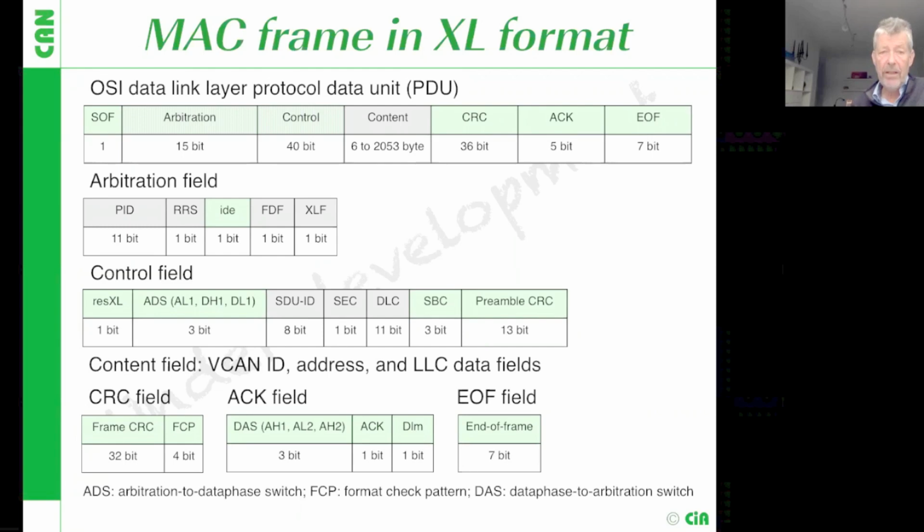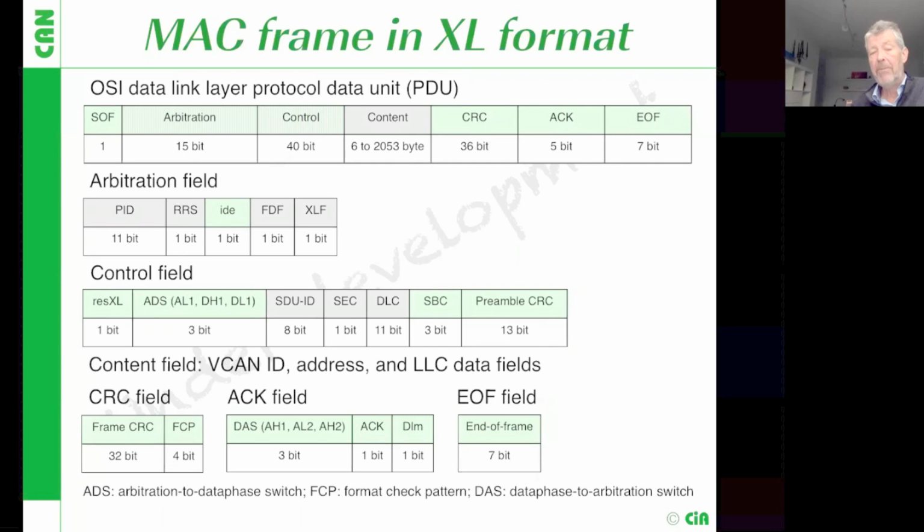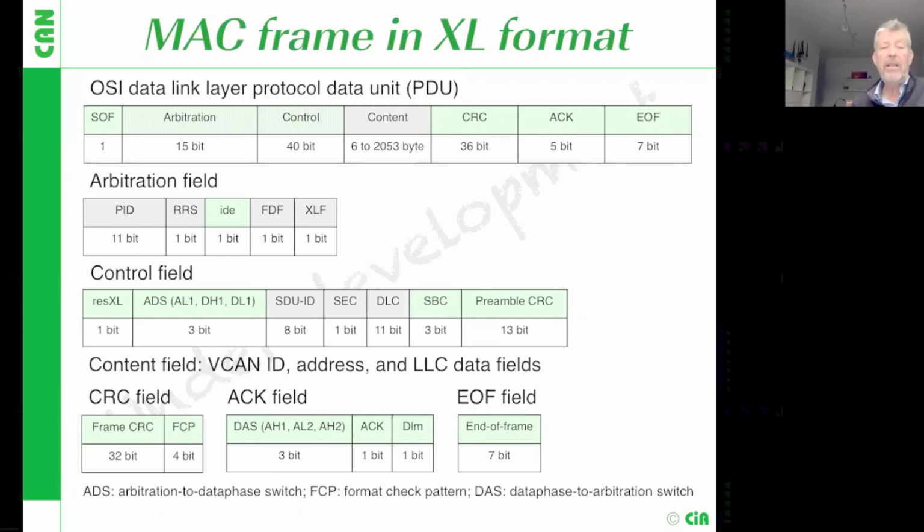Also, the control field contains some additional bits provided by the data link layer, and of course the SDU identifier, the SEC bit, and the data link code, which is given by the layer above. The RES XL bit, this is the bit if we intend to invent a 4th generation of CAN data link layer protocols.